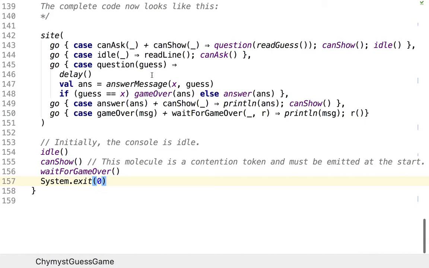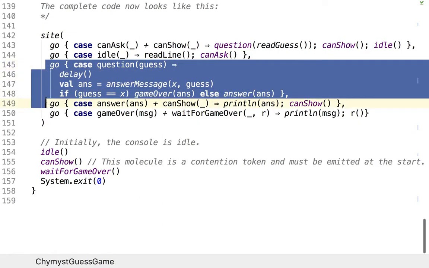In this program, you notice I'm not saying how many answers are being computed at once. So this delay function is simulating a computation. I'm just doing a thread sleep here, but I'm pretending that I'm computing the answer, that it takes time. If many questions are asked, many question molecules will be emitted, and many copies of this reaction will run concurrently in parallel.